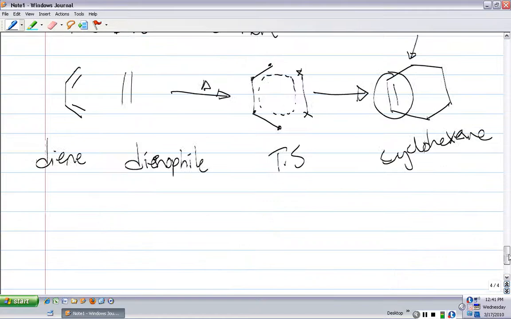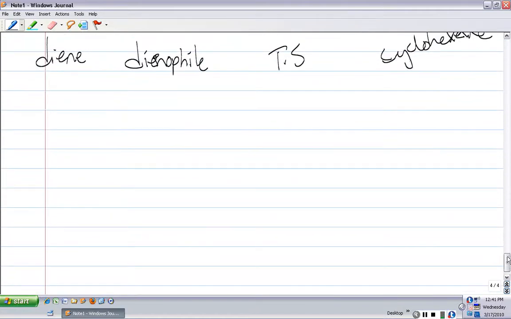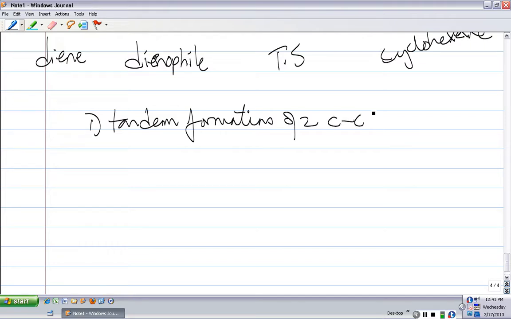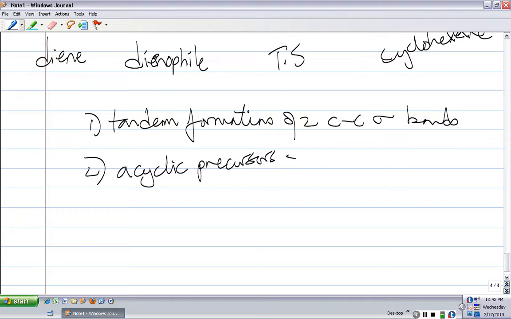So the Diels-Alder reaction then is useful because it involves, 1, tandem formation, in other words, simultaneous formation, of 2 carbon-carbon sigma bonds. That's a big deal. It allows us to go from acyclic precursors into a cyclic species.